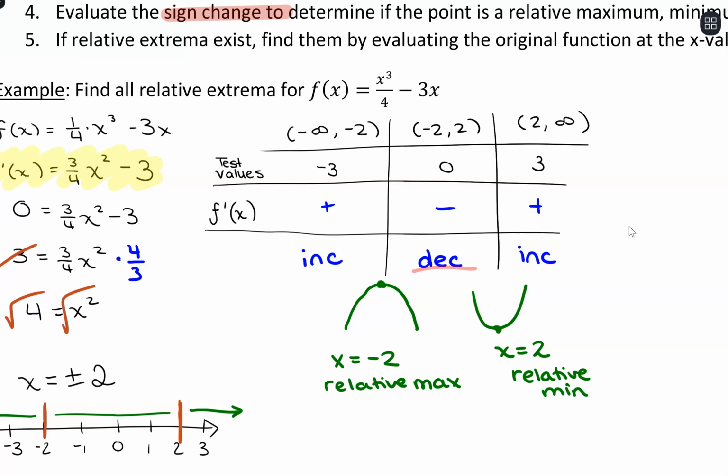If it stayed the same, like if this was decreasing and then still decreasing, that would be a case where it doesn't exist. Having this little sketch instead of trying to just memorize the rules can be really helpful, just knowing increasing to decreasing, decreasing to increasing, and how those make a maximum value like a hilltop or a minimum value at the bottom of a dip.